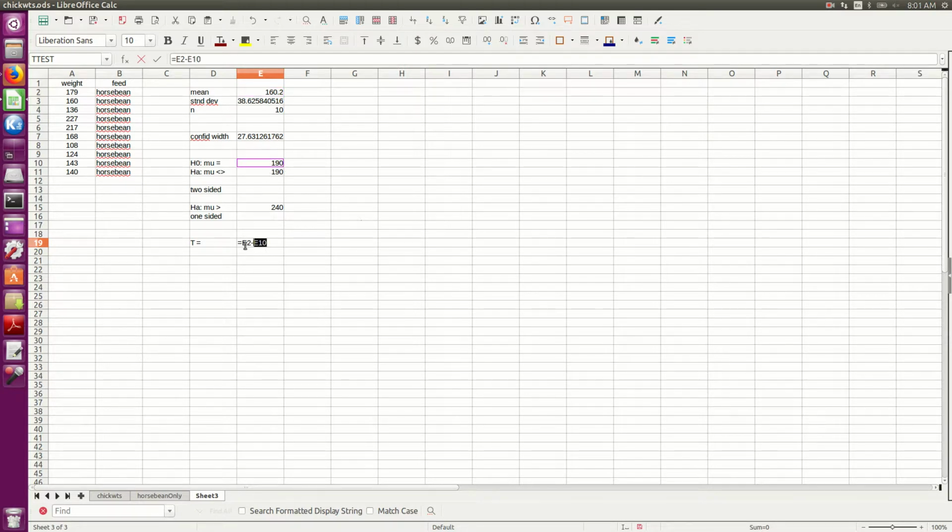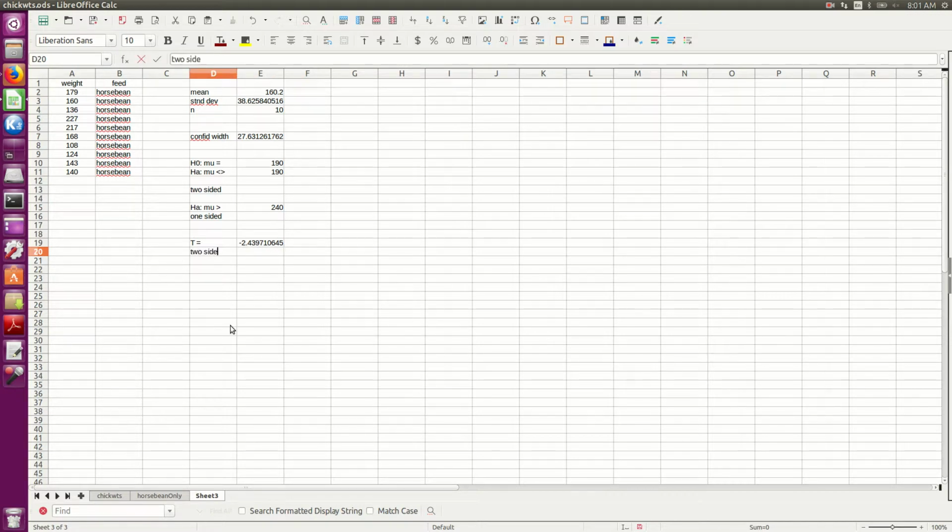Okay, but then remember that's over our standard error, and so divided by, and our standard error is just our standard deviation divided by the square root of n. Okay, so there is our t-value at negative 2.439.